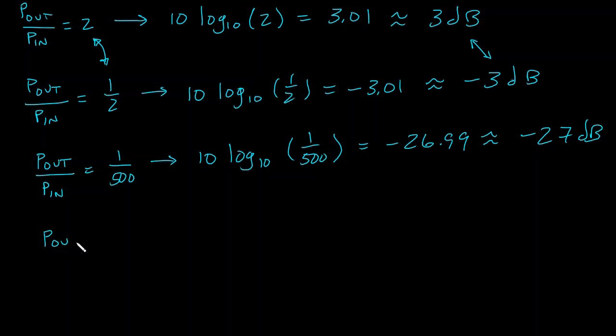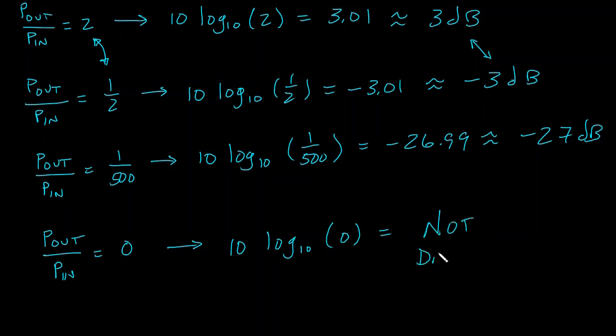If we have P out over P in equals 0, unitless, then 10 times the log base 10 of 0 equals not defined. So we can never get there. Okay, so we do have to pay attention to what that means. We've always got to have a non-zero unitless gain. Obviously, we can have a 0 dB, which corresponds to unity gain.